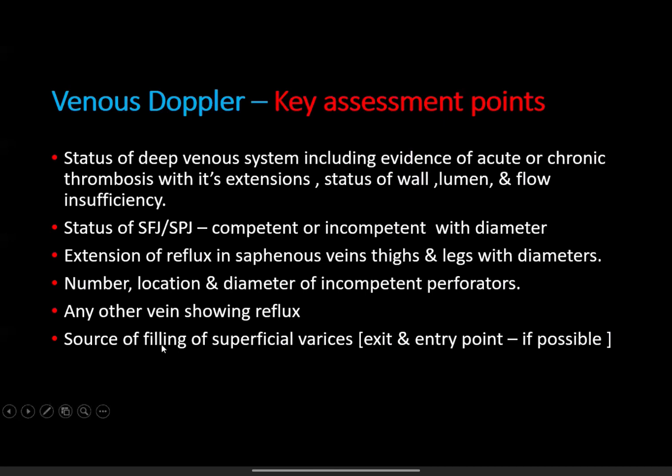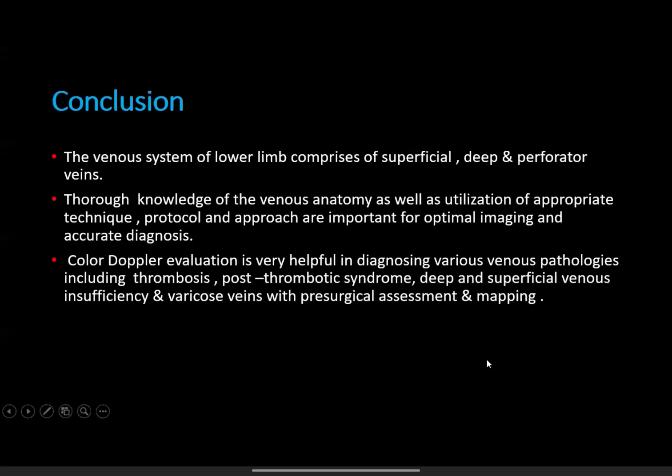So we must try to see the source of filling of the superficial varicose veins and its entry point in the deep vein if possible, or any evidence of hypoplastic, atretic, or absent vein should also be seen and documented.